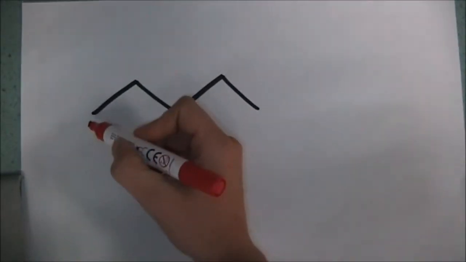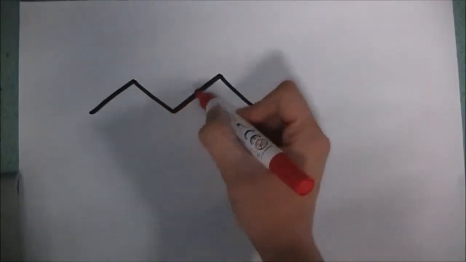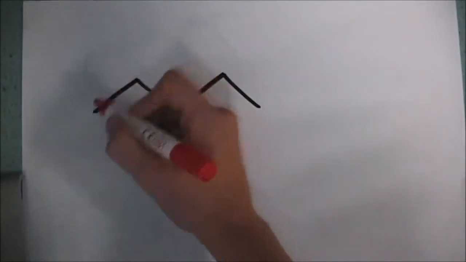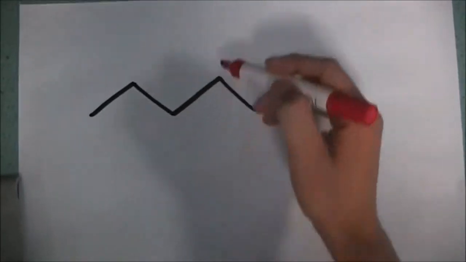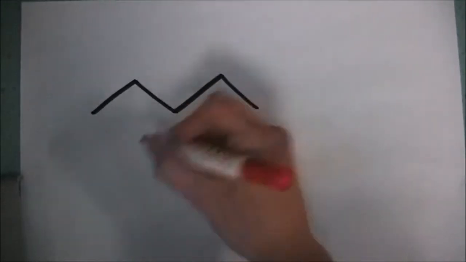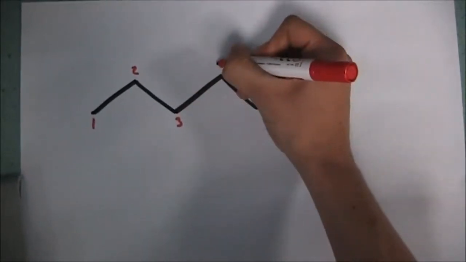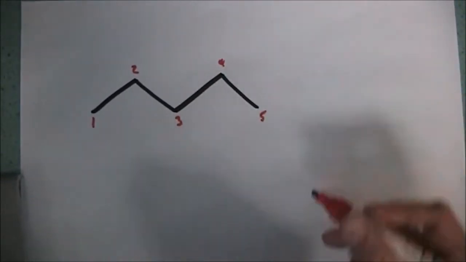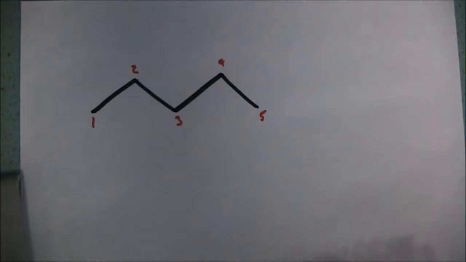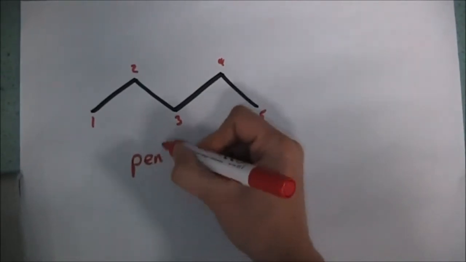So we're going to start with this one. The carbon atoms are represented on this molecule by the points, and we show the bonds, and the hydrogen atoms are not shown, just to simplify the molecule. This is a skeletal formula of a molecule, and to work out what this is called, we're going to say, right, 1, 2, 3, 4, 5 carbon atoms, and if we want a molecule with 5 carbon atoms, we use the word pent.